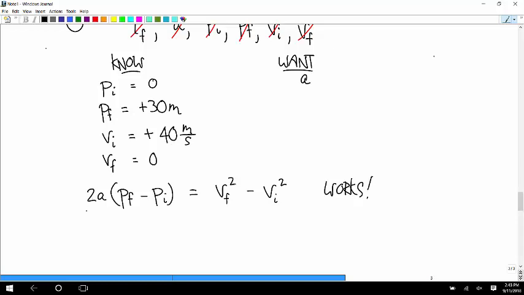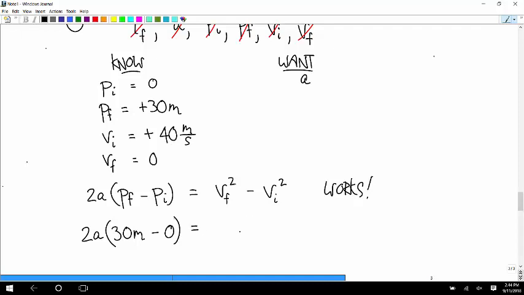Up through the first test, I want you to keep your units in all your calculations, and I'll show you how to do that. But first, I'm just going to write them in here. So we have 2 times a times the quantity p final is 30 meters minus p initial is 0.